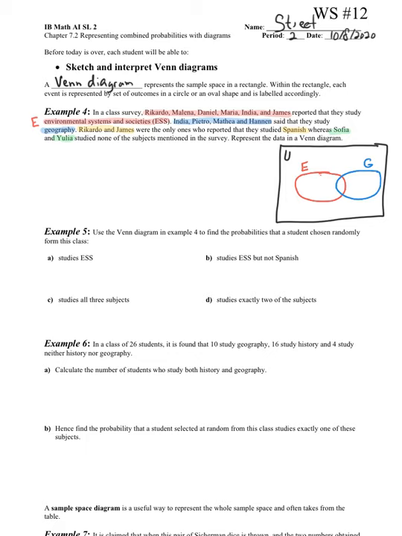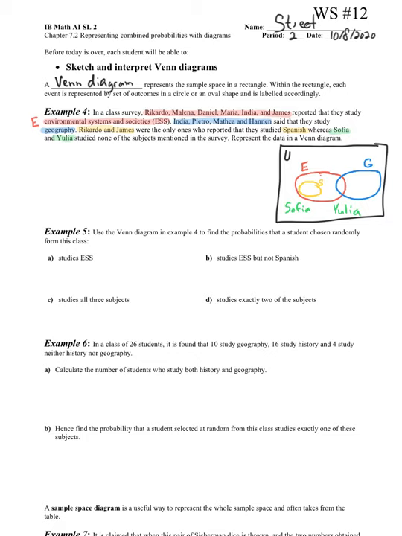And then we have yellow, which represents James and Ricardo, and they also happen to be the only ones that are doing Spanish, and they're both in the environmental studies as well, so we're putting S there for that one. And then Sophia and Julia didn't do any, so we're just going to put them outside. Sophia, Julia go out here, and then we put the rest of the names inside their respective circles.